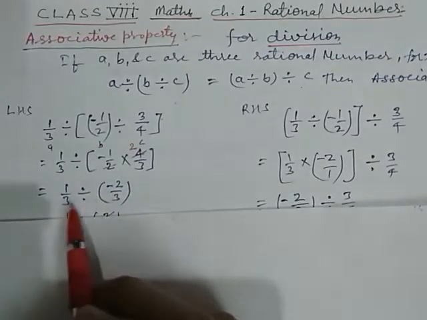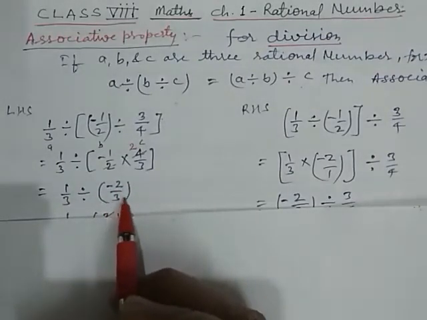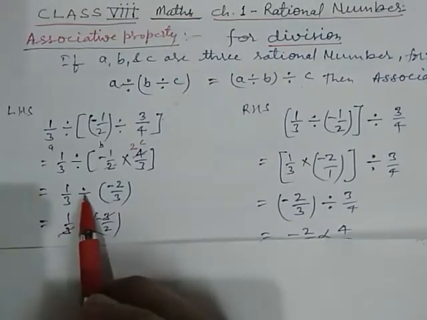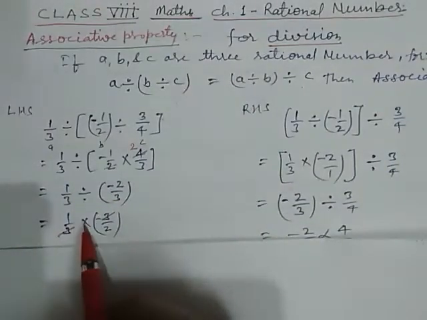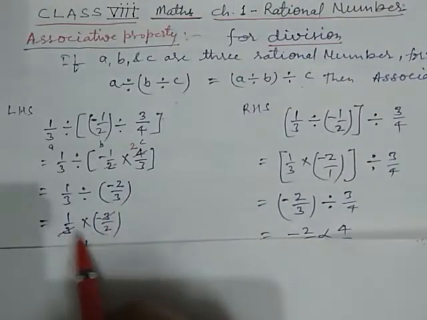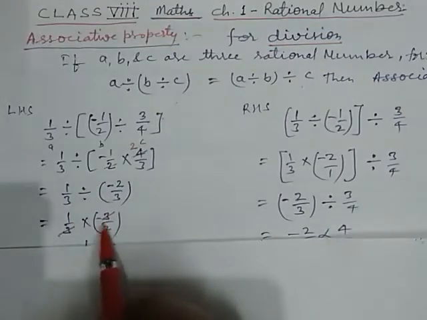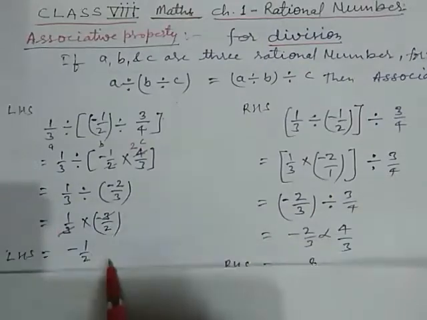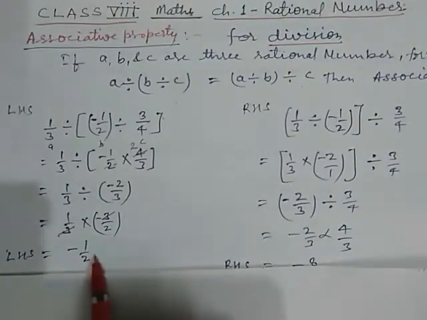So 1 by 3 divided by minus 2 by 3. Now we change the division sign to multiplication and invert this number. So this becomes minus 3 by 2. 3 cancels out by 3, and what is left? Minus 1 by 2. So the left hand side becomes minus half.